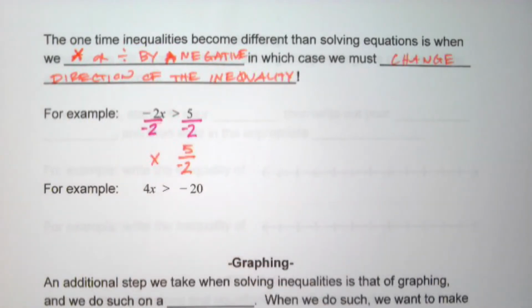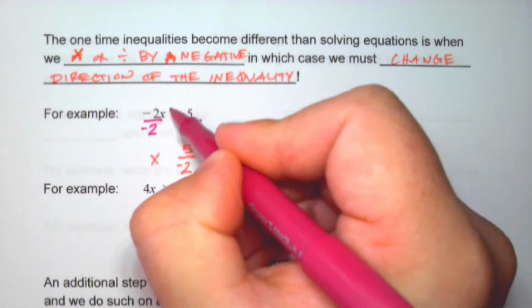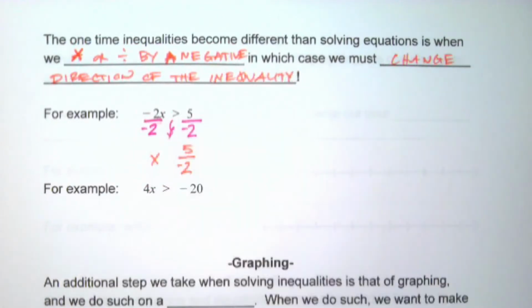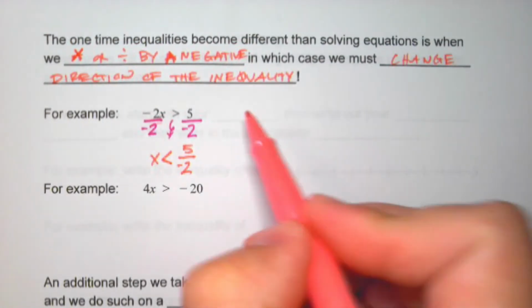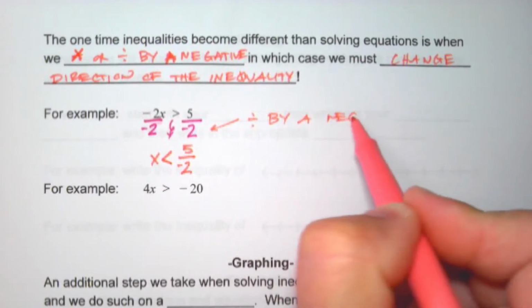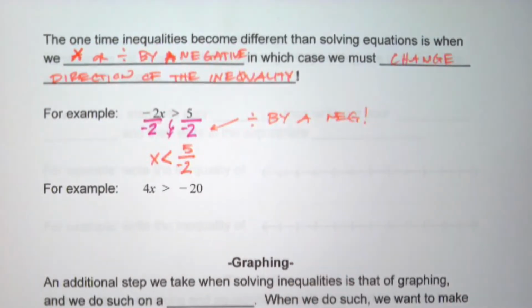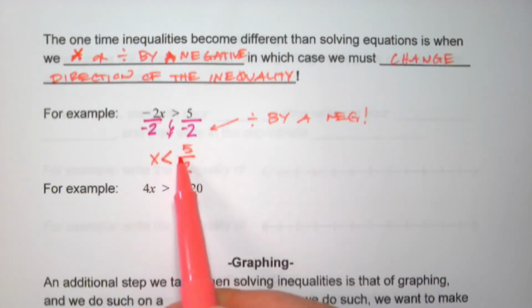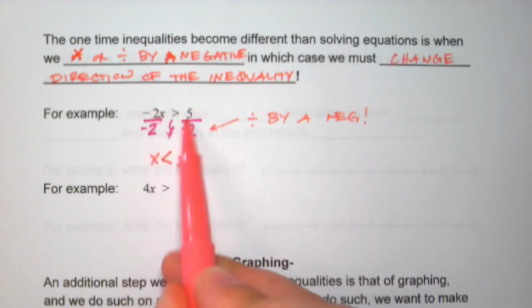The thing we moved was negative, which means I'm not going to keep it where it's greater than on the left. I'm going to have to flip that around now, so it's going to be saying less than. And that's happening because of this division by a negative. So when you multiply or divide by a negative at any point of these inequalities, you got to change the direction of that symbol. So lastly, we'll have that any number that's less than negative 5/2 will be a solution to the original.